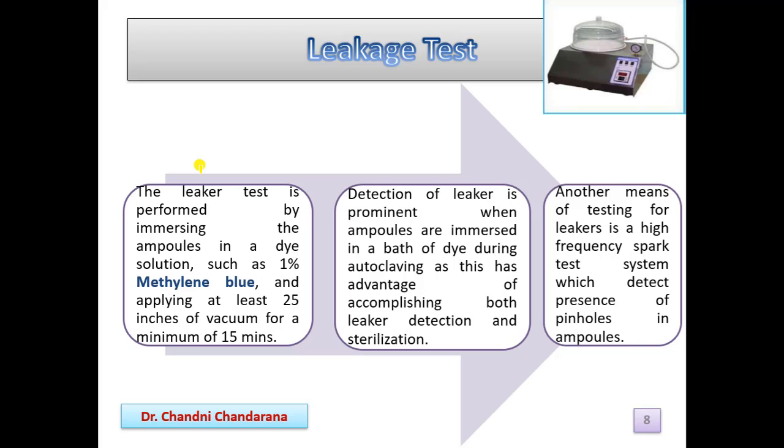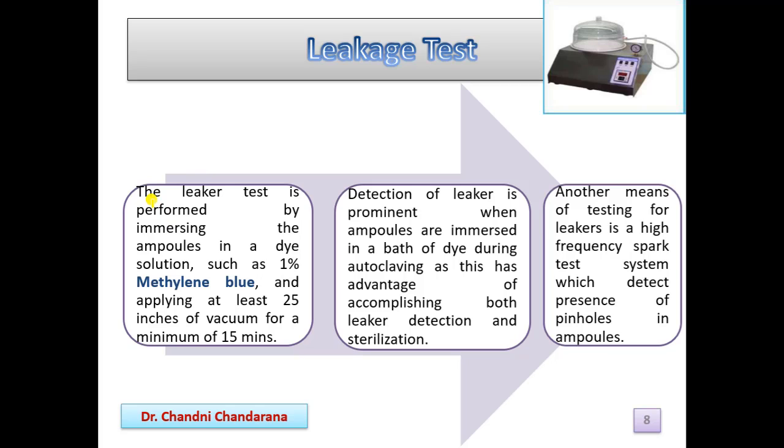It is generally applied to ampules because we have to detect incompletely sealed ampules so that they can be discarded in order to maintain the sterile conditions of the medicines. The tip seals are more likely to be incompletely closed than pull seals. Open capillaries, or cracks at the point of seal, result in leakers. That's why we have to perform the leaker test.